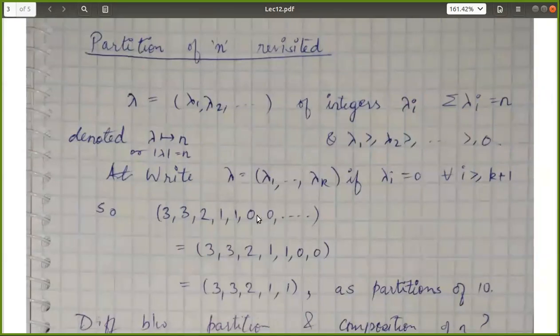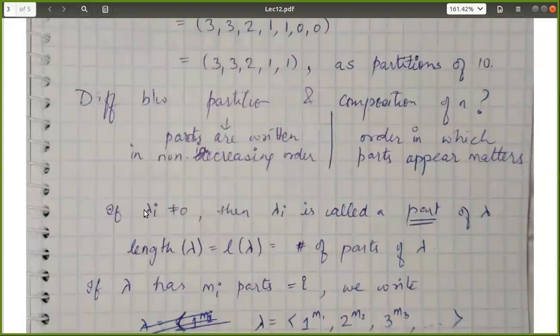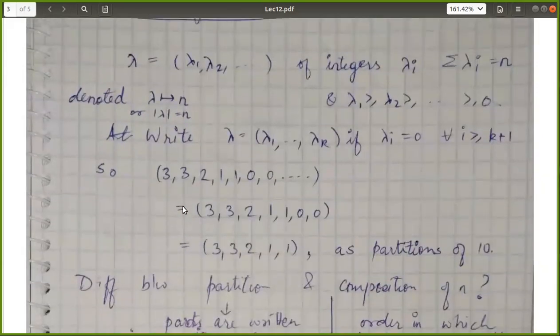Clearly, if you have hit a 0, you cannot hit anything non-zero afterwards because of this condition. Which means if a 0 has been hit, everything after this has to be a 0. Right? Therefore, the parts which you are seeing here are exactly the first non-zero elements that appear in this sequence.